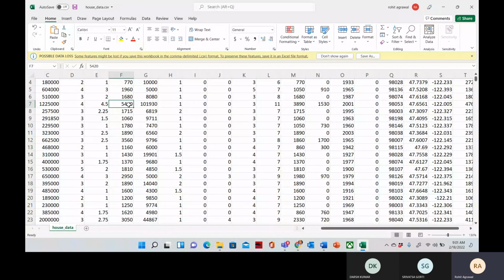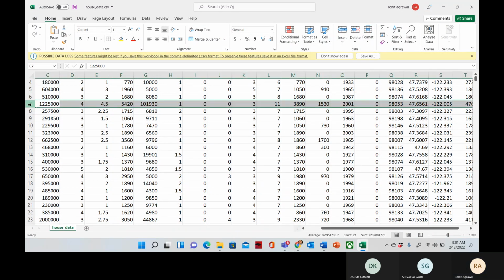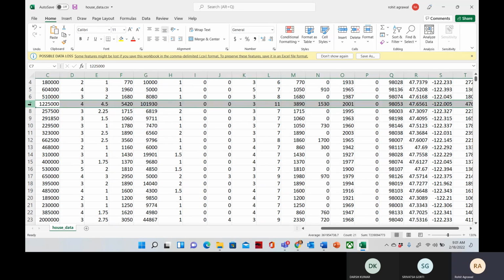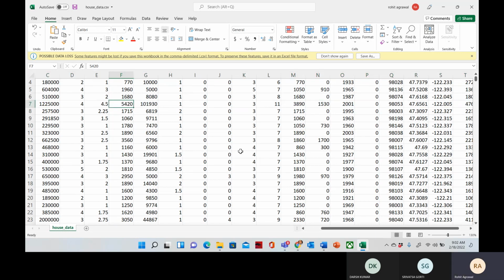Suppose this entry is missing by mistake, only this highlighted one. So only this entry is deleted. Can we use this example? No, we can't use it until we fix this one.